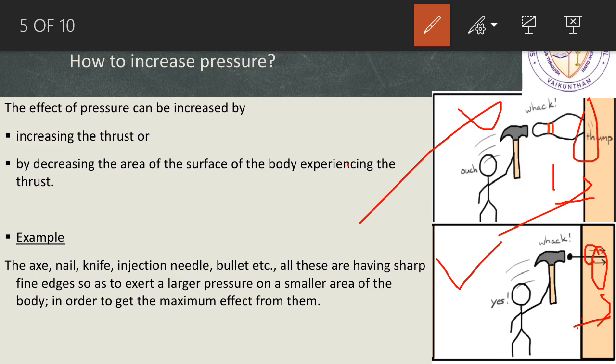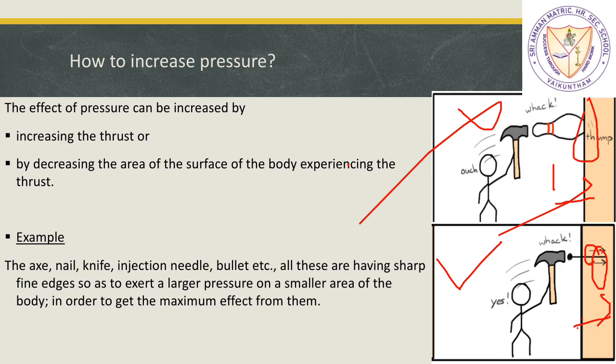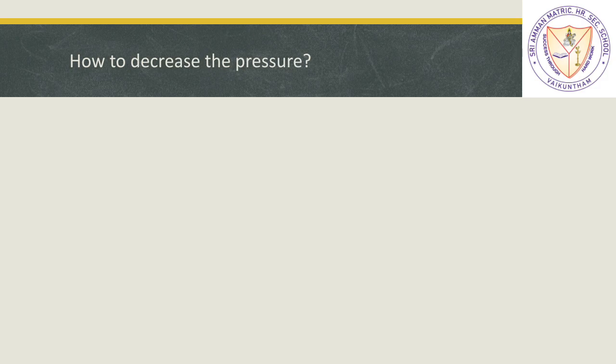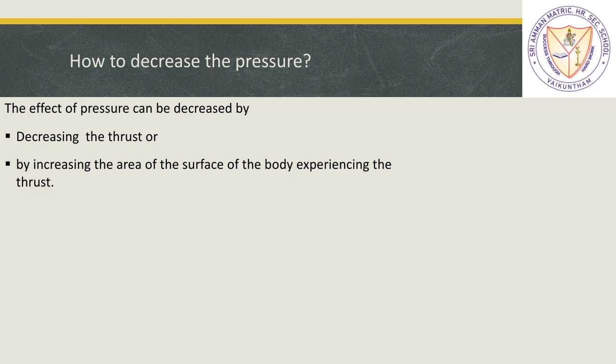Okay, so that was one example. Then how do we actually decrease the pressure? Just the opposite of how we increased it. So the effect of pressure can be decreased by decreasing the thrust or by increasing the area of the surface of the body experiencing the thrust.